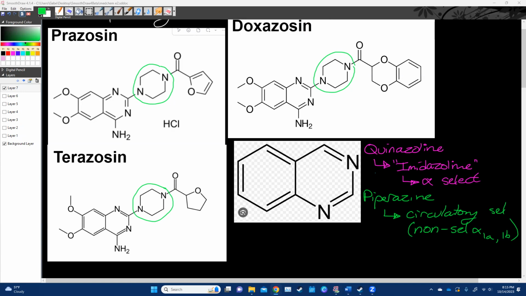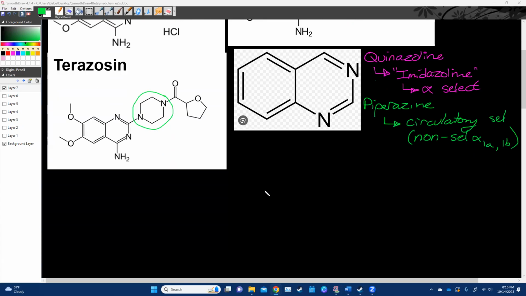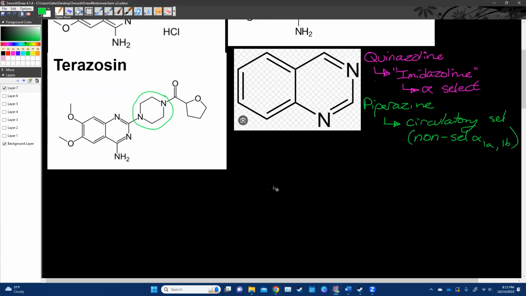Okay. The difference here is that when we look at a drug like tamsulosin, let me grab that structure. Oh, awful.